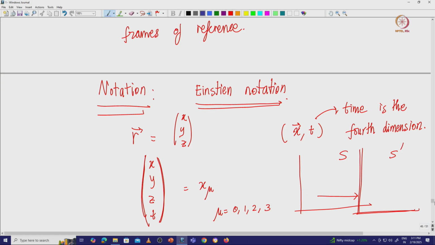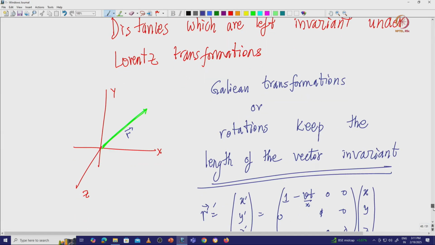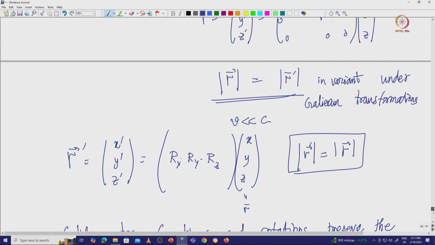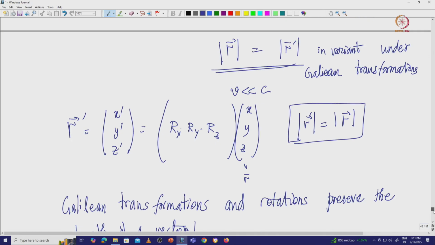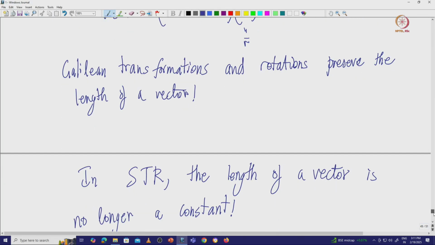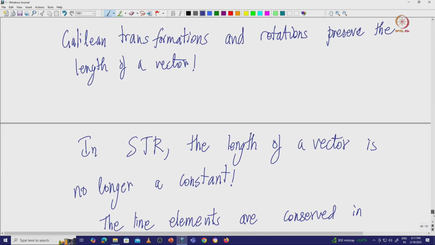What we did was we introduced the notation of x mu, in Einstein's frame, where 1, 2, 3 are the space indices and 0 is the time index. Then we said that in Galilei transformations the length of the vector does not change, whereas in special theory of relativity the length of the vector is no longer a constant, it does change.